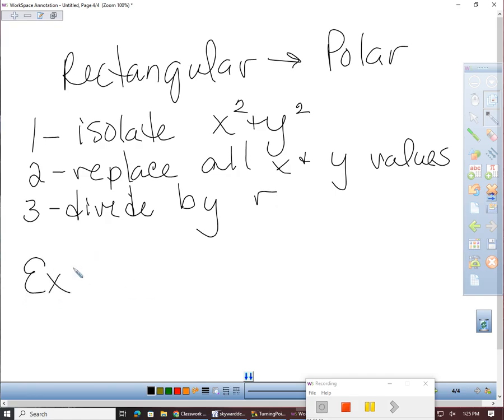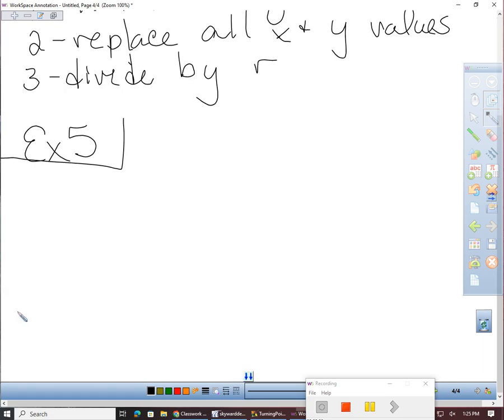Here's example number 5, I think. And this is what you're doing for 43 through 49. Let's start with an easy one. Let's say I have x equals 7. I don't have any x squared or y squared in here, so I'm just going to replace x.